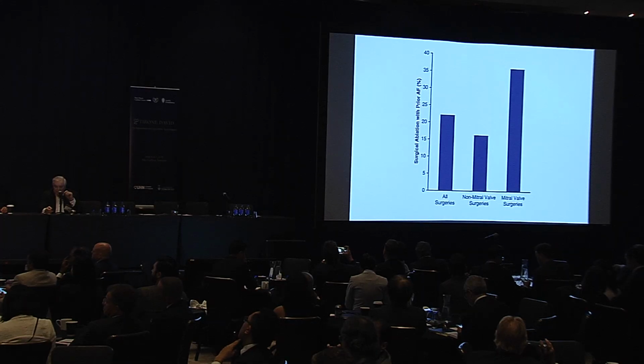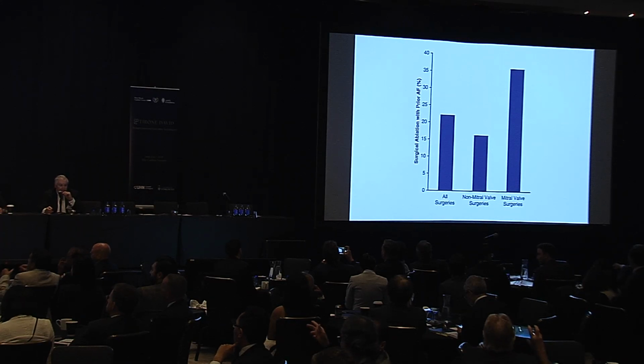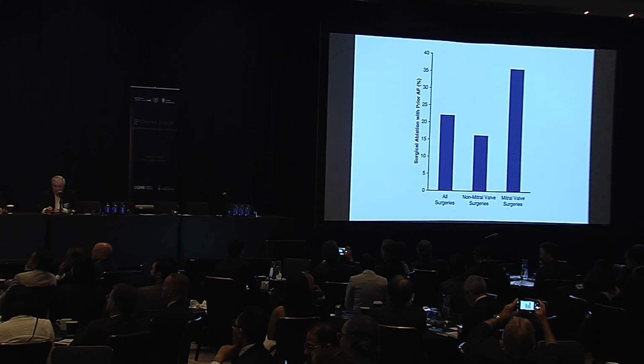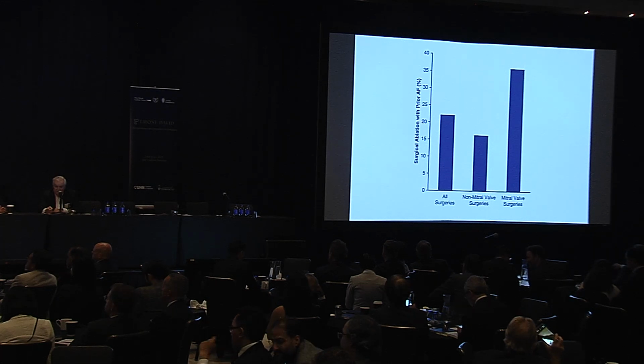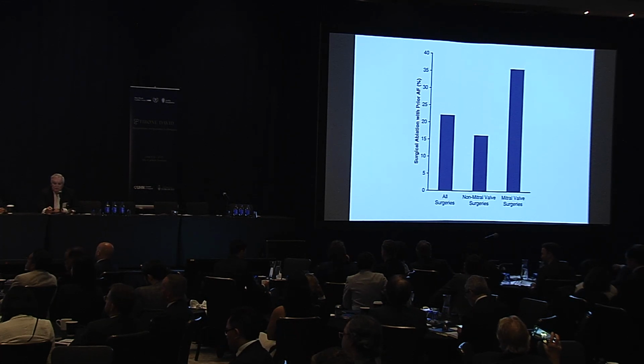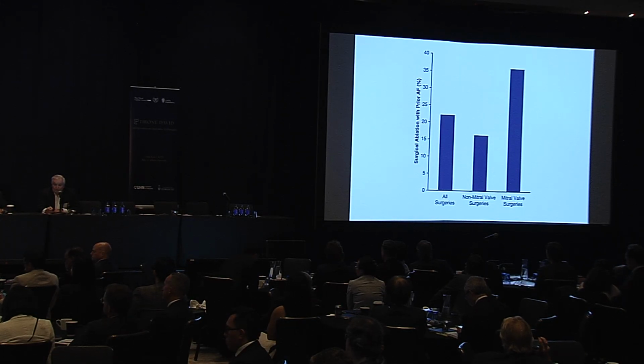This is a slide from Pat McCarthy's paper that was written a year or so ago, and what it shows is that across the board for all cardiac surgery done in patients with atrial fibrillation, less than 25% of them are being operated on.